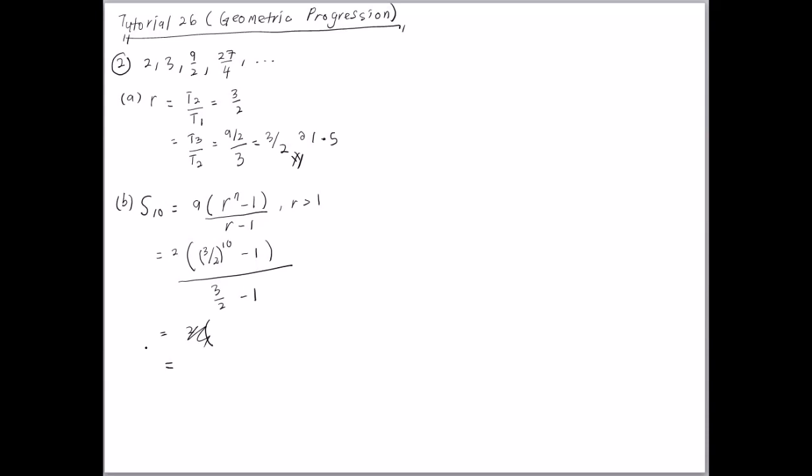Then we continue to calculate, multiply by 2 and then divide by 3 over 2 minus 1. And the answer is 226.66.